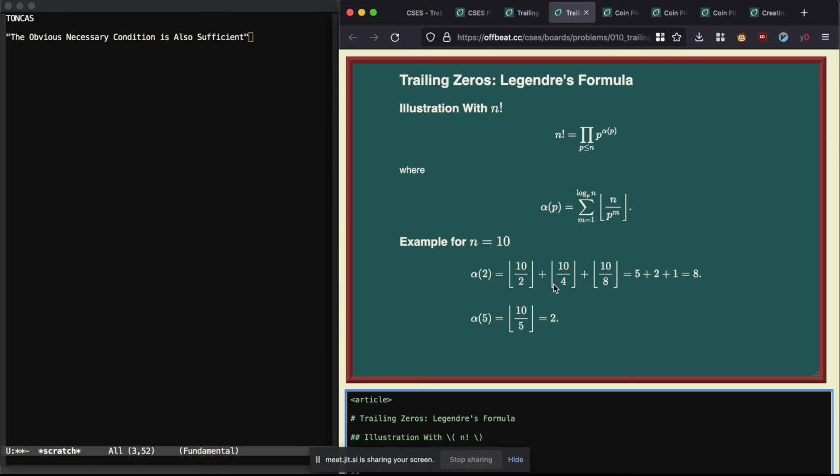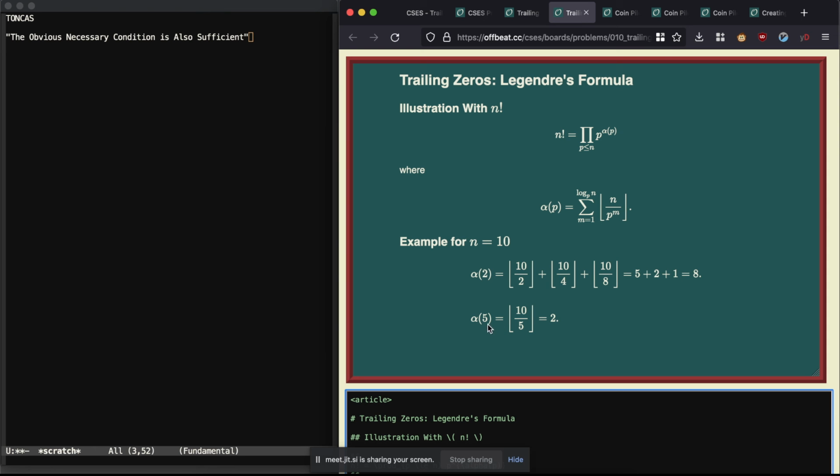And that is how we count all the powers of that prime that divides 10 factorial. So here it is once again worked out for 2. So we get 8 as the number of times in that list, and that is how we know that 2 to the power 8 is going to divide 10 factorial.